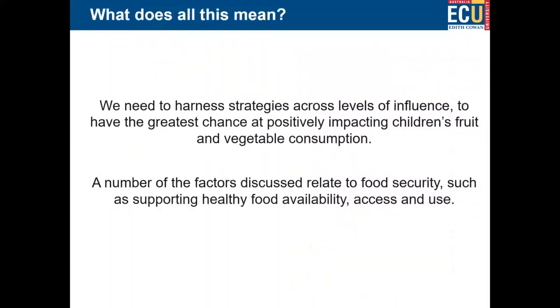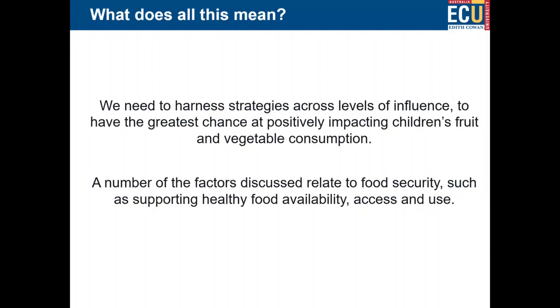So what does all this mean? Well, we do need to harness strategies across levels of influence. The socio-ecological model can be really useful to identify the kinds of topics or concepts or ways in which we could influence health behavior across those levels, because we know that each of those levels don't happen in isolation. In terms of someone's ability to access and consume fruits and veggies, it's not only influenced by their own personal attitude, there are all these different factors at play at the same time.